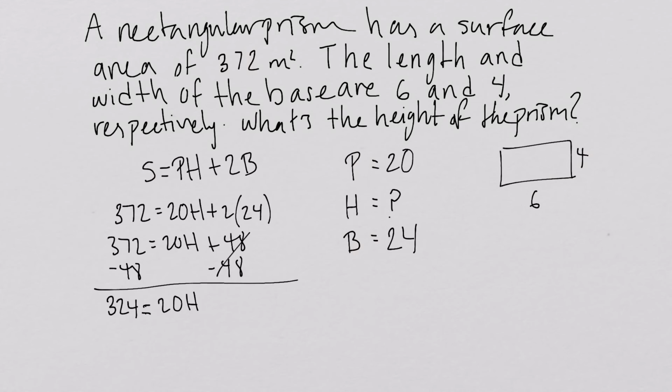Divided by 20 is 16.2. 16.2 is H. And that's it, meters. The height of the rectangular prism is 16.2 meters.